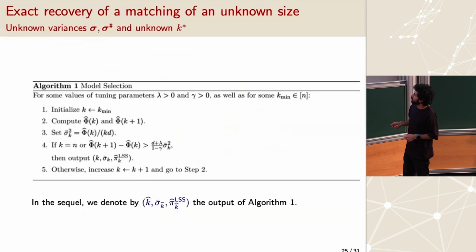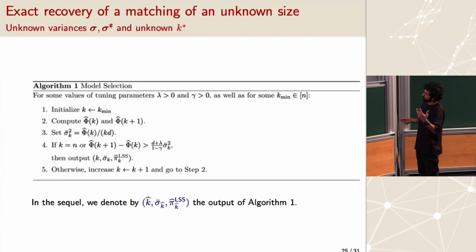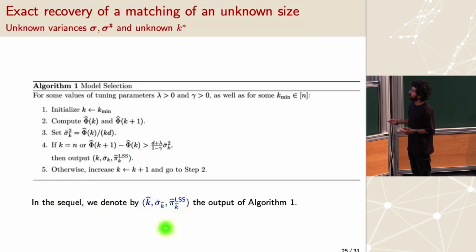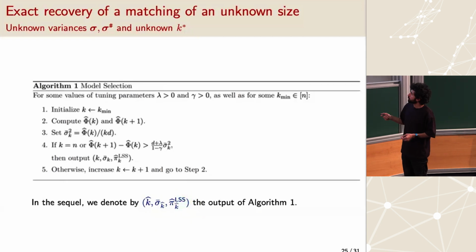So what happens is that here is the general algorithm for finding the triplet k hat, sigma hat, and the matching map pi hat. We start with k min, which is the value that we know should be present in the matchings, and we compute phi hat k and phi hat k plus 1, and we iterate until we reach k equals n, or this distance becomes large.